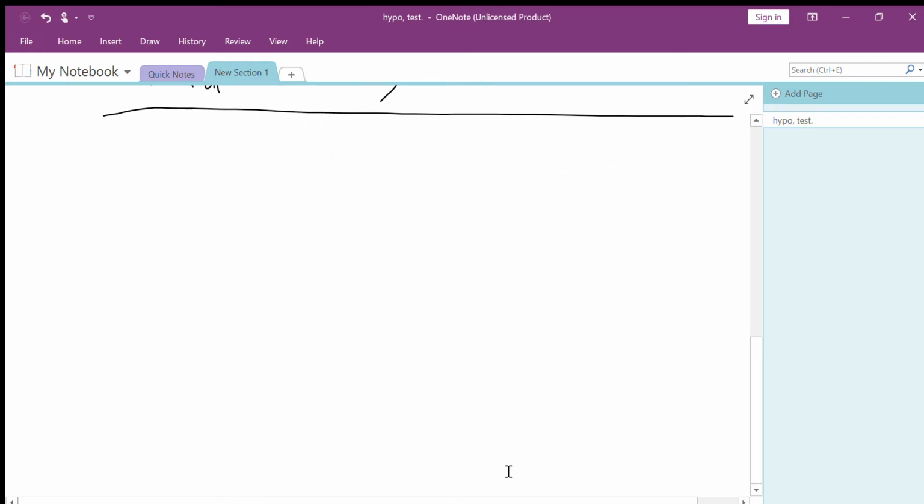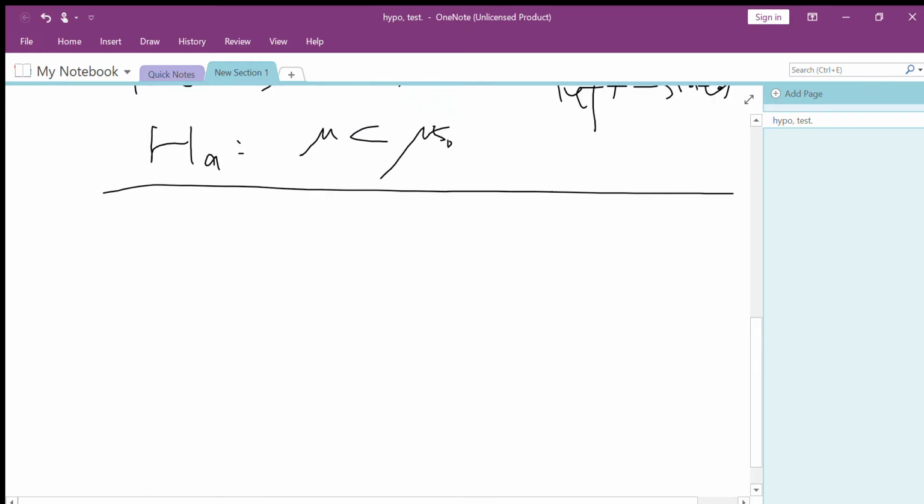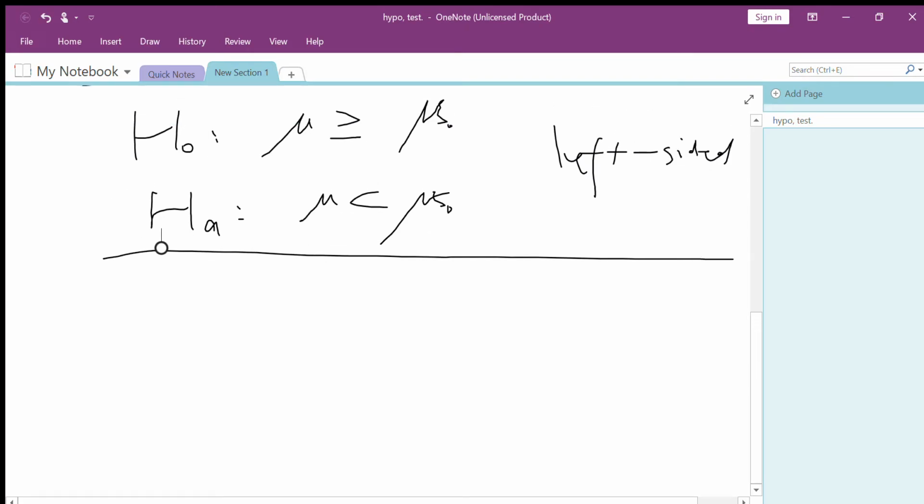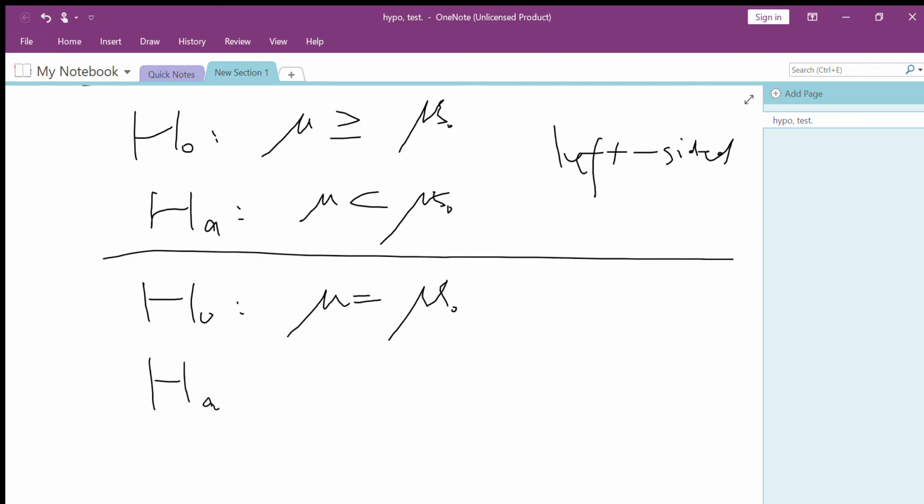And the third type of hypothesis is H null being mu equal mu 0, H alternative mu not equal to mu 0, and this is called two-sided hypothesis.